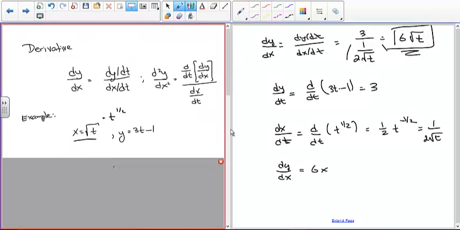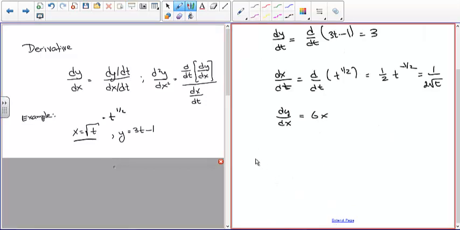So let's prove that's true by eliminating the parameter from the original expression and make y a function of x instead of x a function of t and y a function of t. So we'll eliminate the parameter from these two equations, the same two equations.